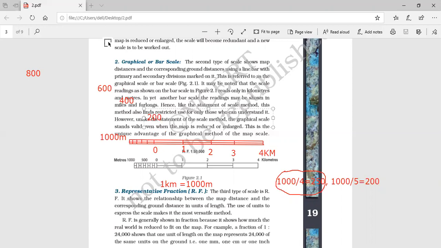So this is 0, this line is representing 200, this line 400, this 600, and this line is for 800. No need to show all the lines, you can just show 400 and exactly 1000 meters at last. So this is the way we can make a bar graph.